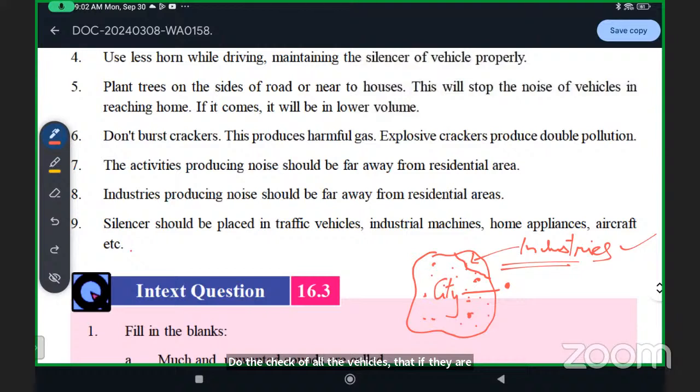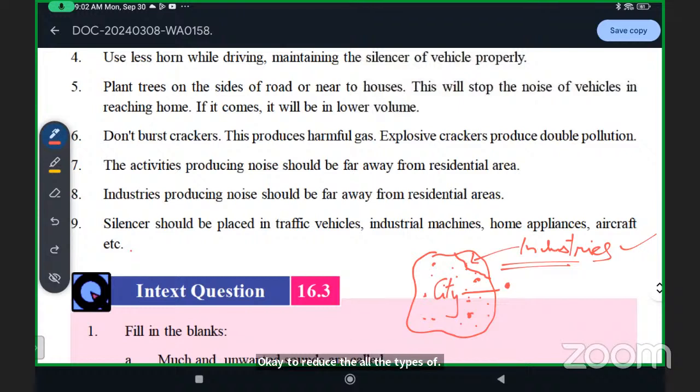There's a very minimal limit, and if your vehicle is producing more air pollution than that, you will need to get it checked or replaced. And old silencers are changed to new silencers so that less sound is made. That is correct. Good example. The government is taking measures, and so should we, to reduce all types of pollution.